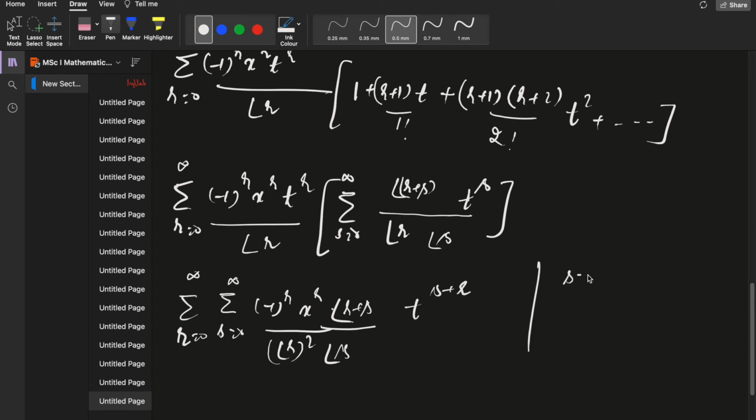Assume s plus r is equal to n, so s can be written as n minus r.